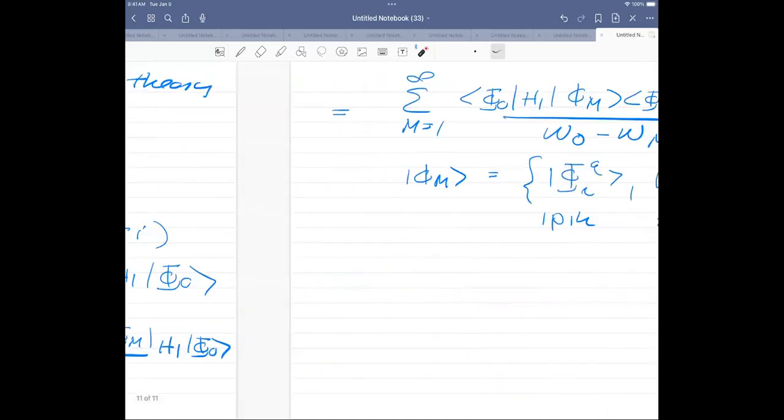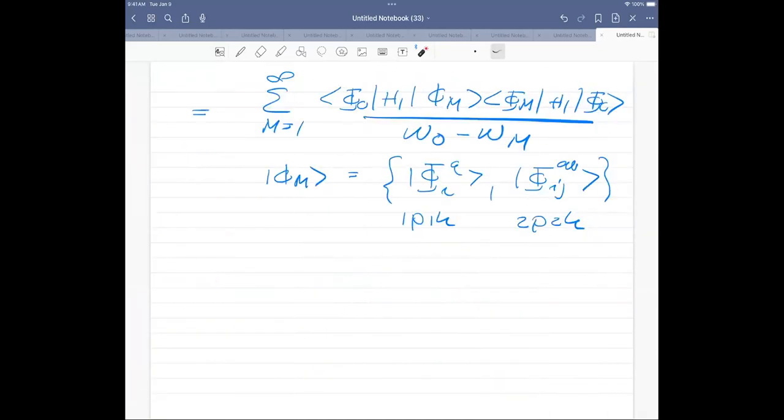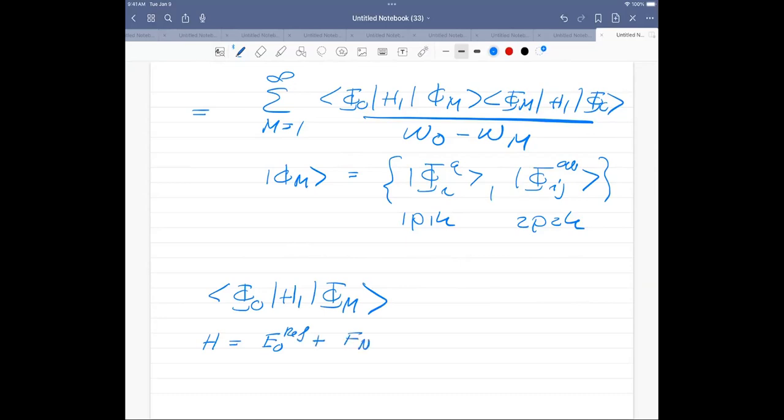case. So what we want to calculate now are these specific contributions, which are given by phi 0, and then h of I, and phi of m here. Now, in FCI calculations and in the other machinery which we developed for Hartree-Fock theory, as well as density functional theory, the Hamiltonian was something which we rewrote as E0 reference, plus this term f of n, plus this term v of n.